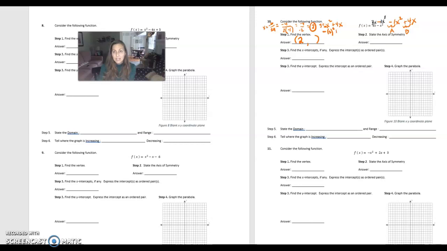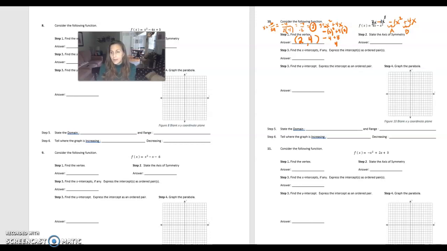It's not a negative 2. That would be wrong. It is 2 squared with a negative in front. That's different than if you were to square a negative 2. Be very careful if you're using your calculator here. This is going to be negative 4 plus 8, which is going to end up giving me a positive 4. So my vertex is at 2, 4.